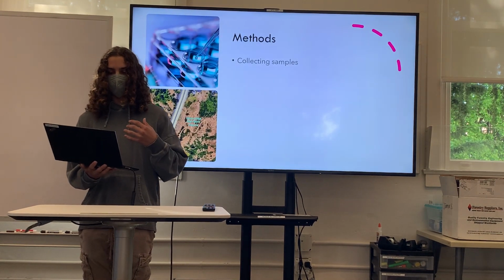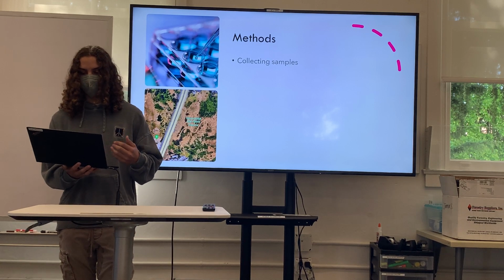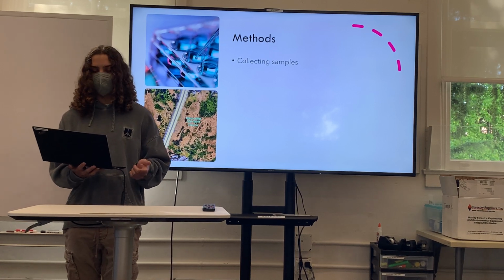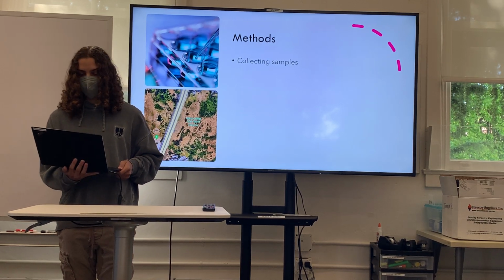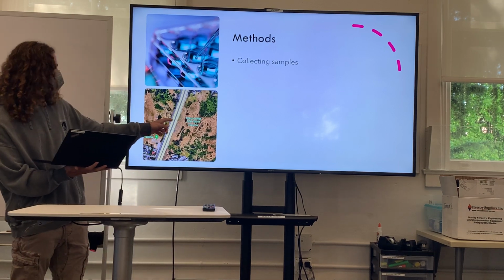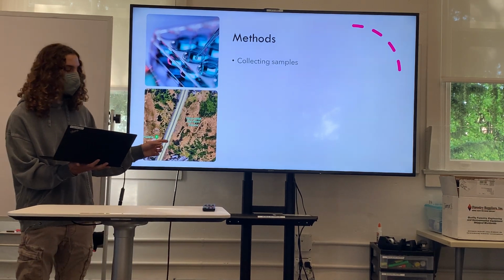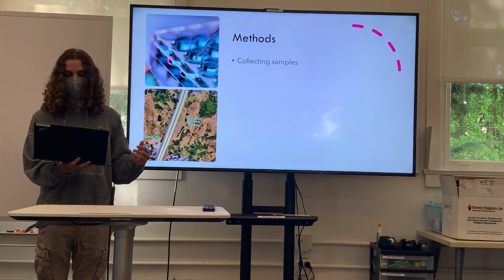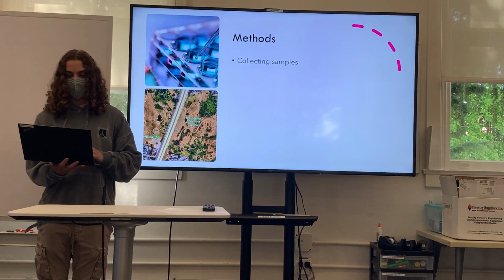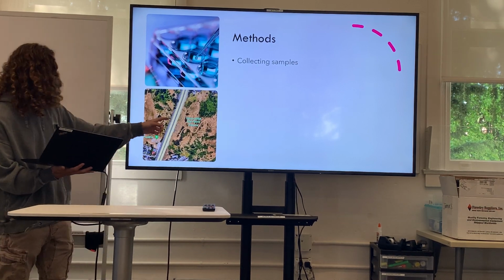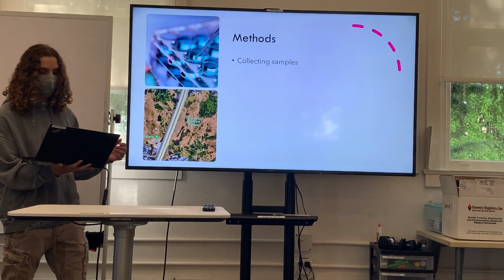So, going to my methods, I had two major parts of my experiment: collecting data and analyzing data. For context to my data collection, these are two pastures here, which are separated by a freeway. Historically, these evolved as one, but less than 100 years ago, this freeway separated both sides of the pasture.